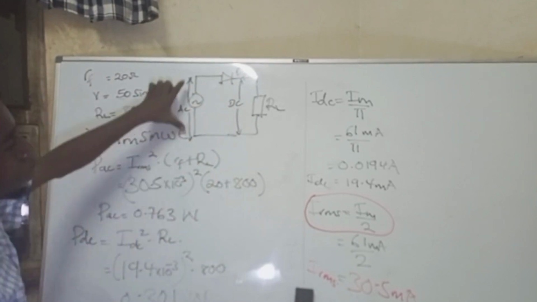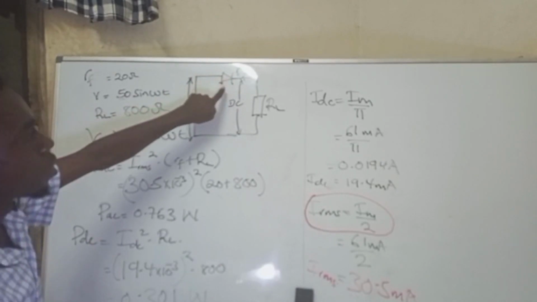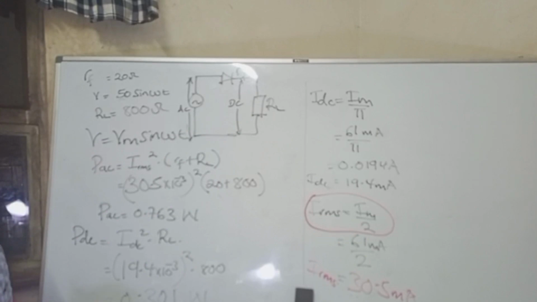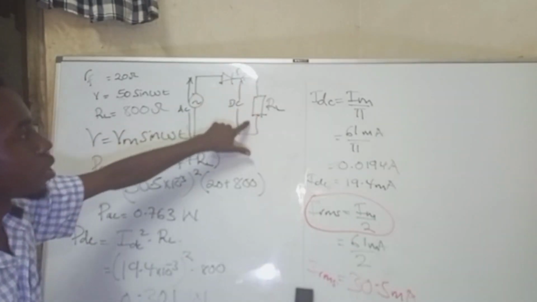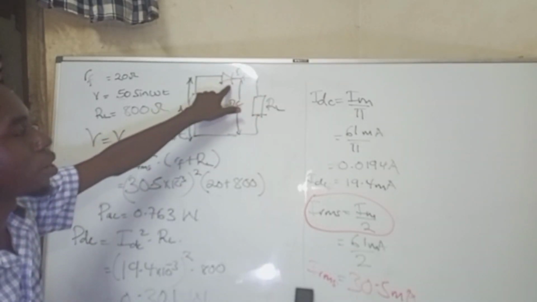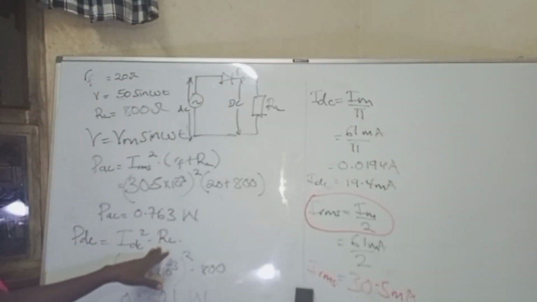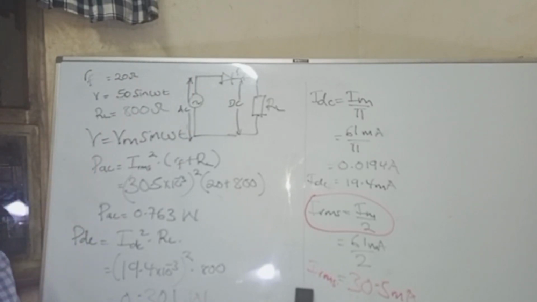So AC is taking together this RF and RL, while DC is only appearing after the diode. That's why for DC I'm only considering the RL, but for AC I'm considering both. I hope that is a clear explanation.